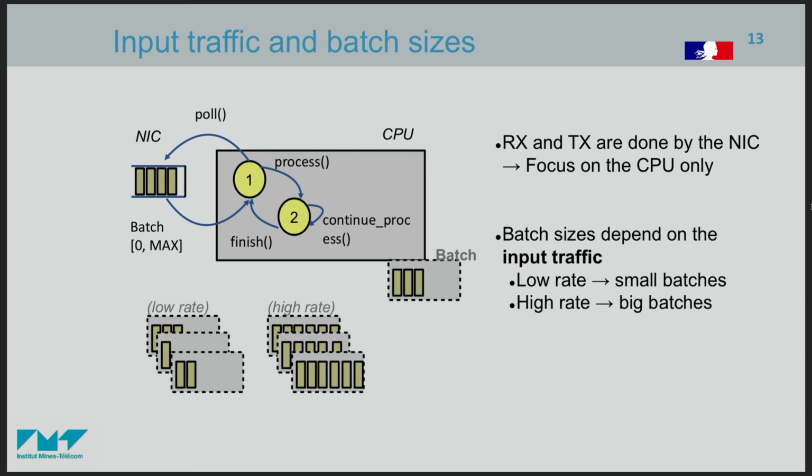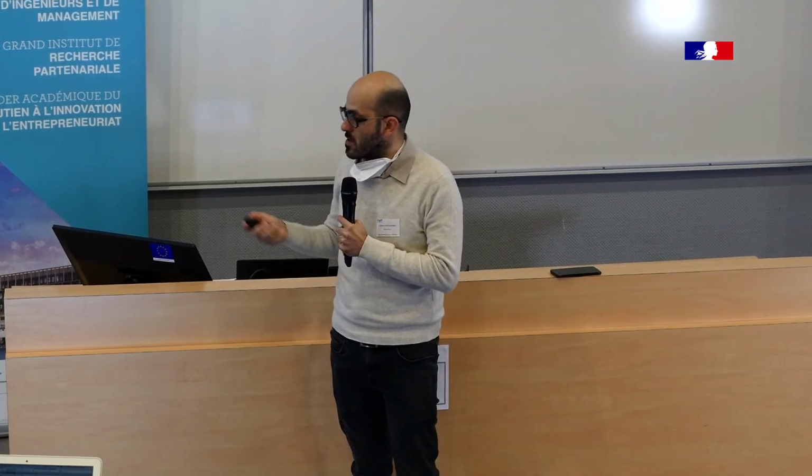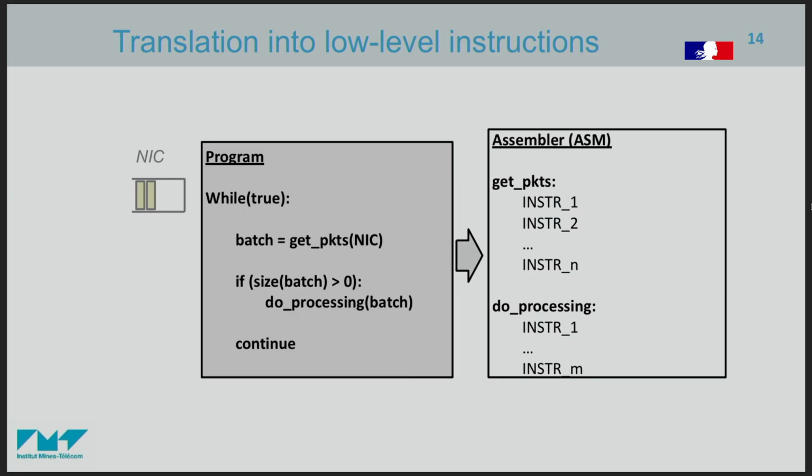And in fact, this is what is happening again. You have a program, your packet processing program, your virtual network function, that is translated into low-level instructions. And those low-level instructions are executed within regular CPUs that are very complex systems with several caches and several components on the same dies.